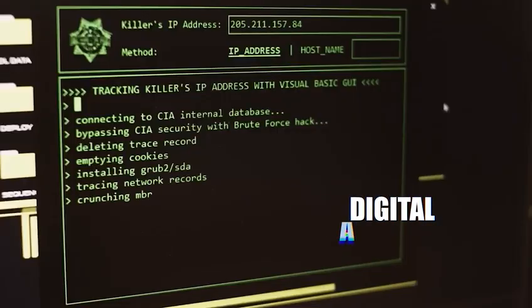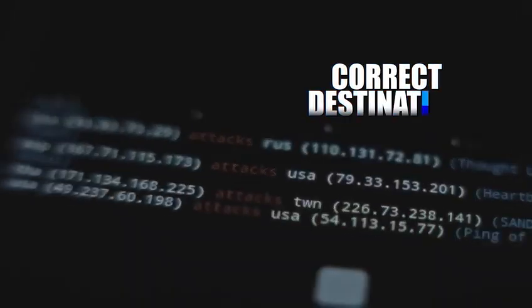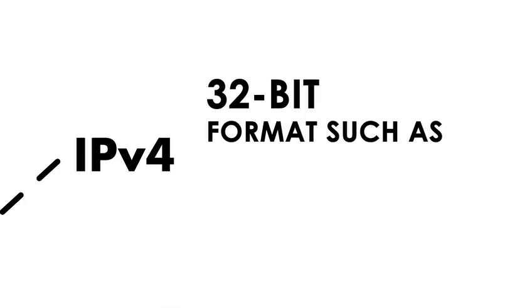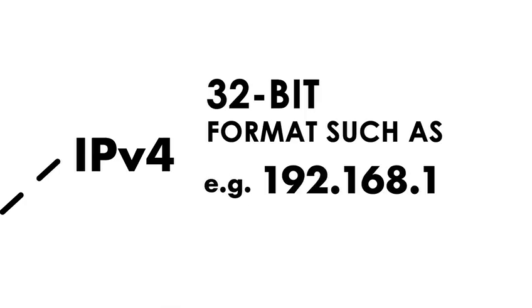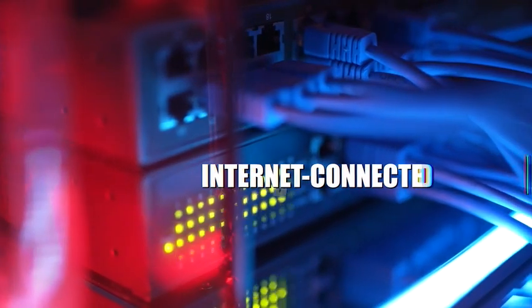It works like a digital address that helps data packets reach the correct destination. There are two main versions of IP addresses used today. IPv4 uses a 32-bit format such as 192.168.1.1, while IPv6 uses a 128-bit format designed to support the growing number of internet-connected devices.